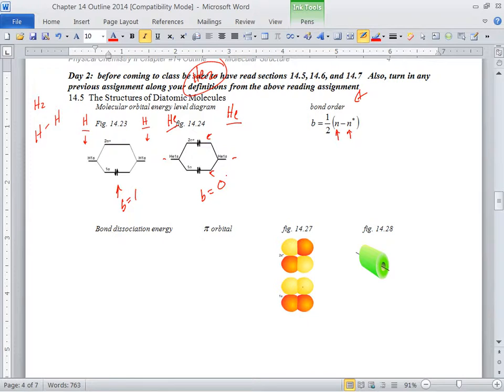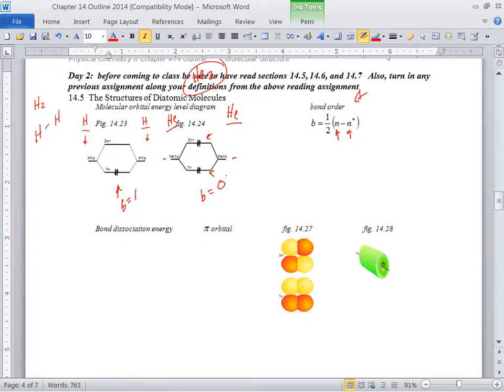Bond dissociation energy, we already talked about it. I don't know why it's even here again. It's the energy to do what? Alyssa, what would it be? This is the number of kilojoules you would apply to do what to that bond? Break it. Exactly. Bust it apart. Free those electrons. Pi orbital.